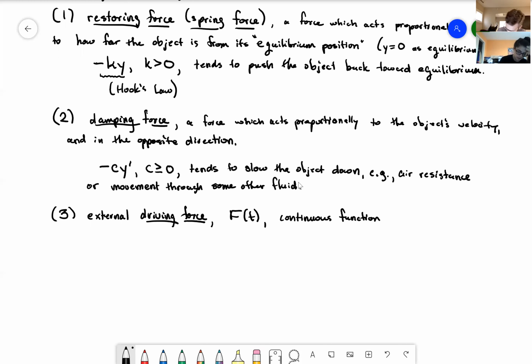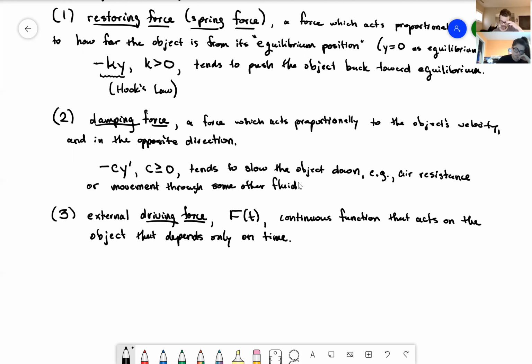So it's a continuous function that acts on the object, but it doesn't depend on the object position or velocity or anything else. It just depends solely on time.